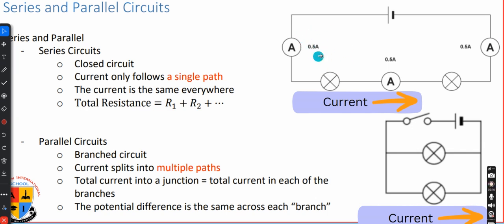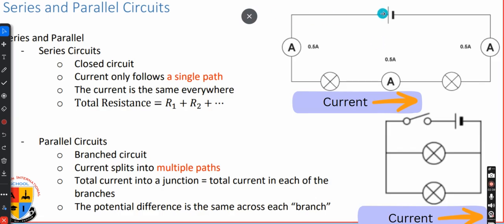Notice here the current is 0.5, at this point it is 0.5, and here it's at 0.5. We measure current with an ammeter, and that's why you see 0.5 next to the ammeter. So all the way it's 0.5. In fact, anywhere in the circuit the current is 0.5.